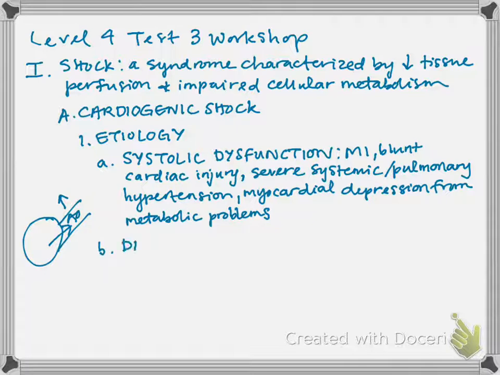We could also have diastolic dysfunction. So what is diastole? If systole is contraction, what's diastole? The filling, yeah. So your ventricle is having a hard time relaxing enough, or maybe it's hypertrophied to the point where you can't fit very much blood in there.